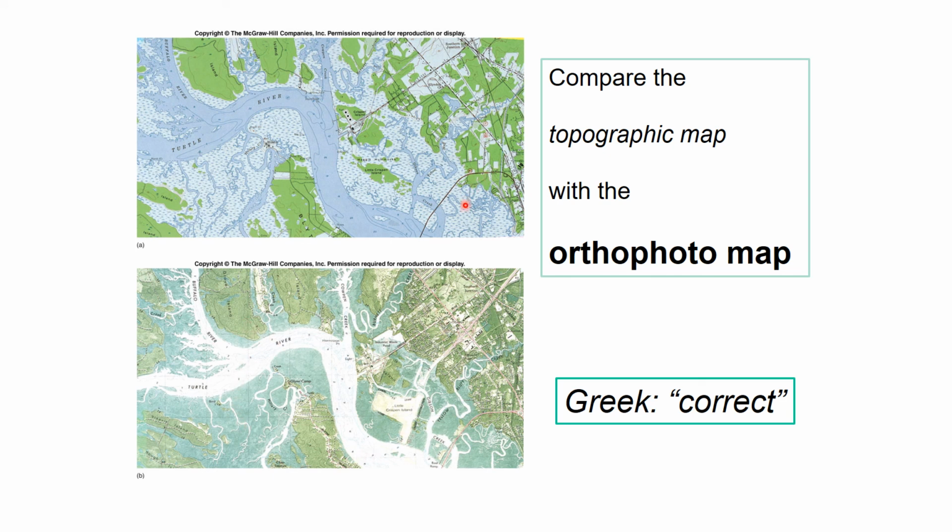In this case, especially low-lying areas where you don't have very much elevation change from the land, over to the river, then out to the ocean. There's only a few feet difference. So in order to show that, it's hard to visualize it with topographic lines, but if you put in the color air photography, it makes it a lot easier to visualize. Okay, so that's one of the terms in the chapter. It's orthophoto maps.